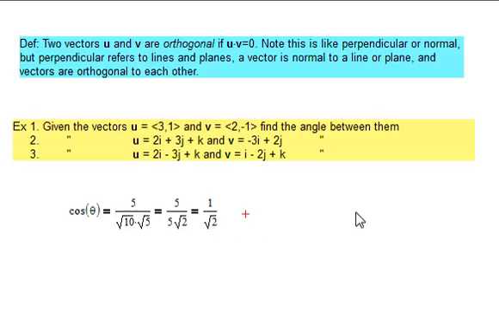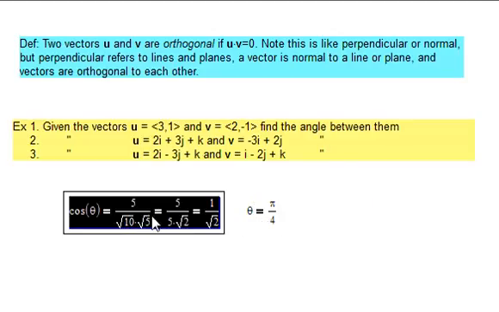Well, the angle whose cosine is 1 over the square root of 2 would be pi over 4.